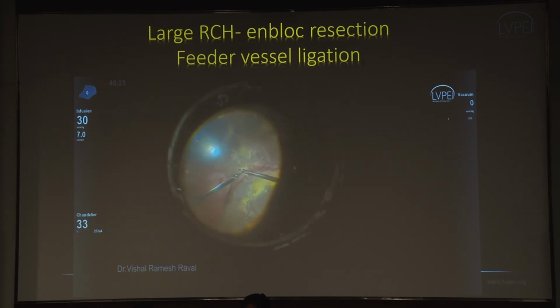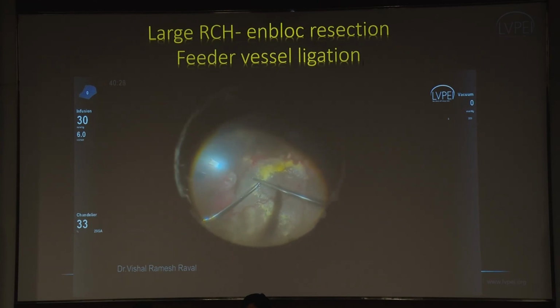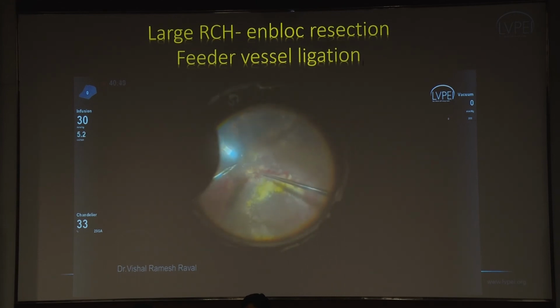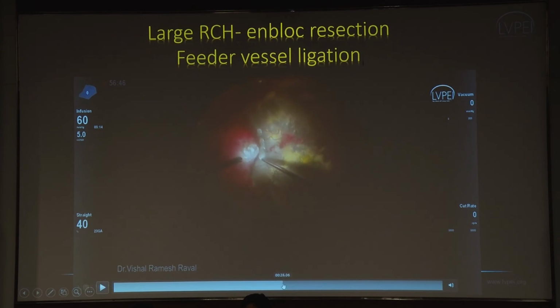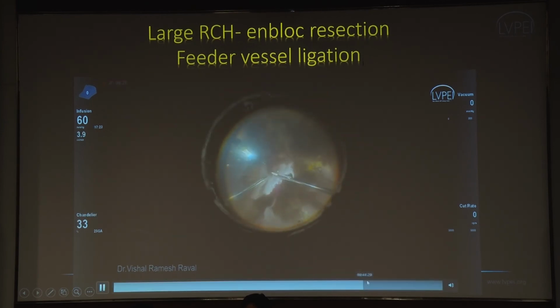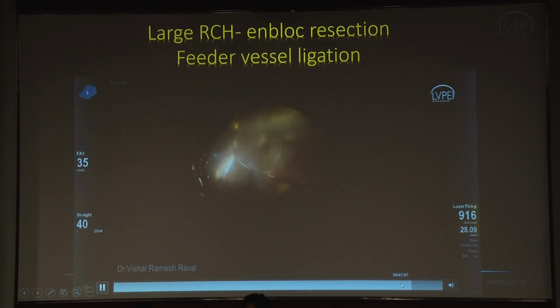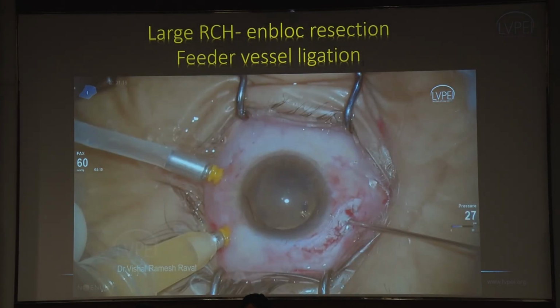After that, good diathermy was done all around the tumor so as to prevent any inadvertent bleeding from the capillary hemangioblastoma, and then this tumor was excised in toto, which I can just show in the end. So yeah, this is the tumor, how it was removed in toto. And at the end, the patient had the retina attached with silicone oil tamponade.